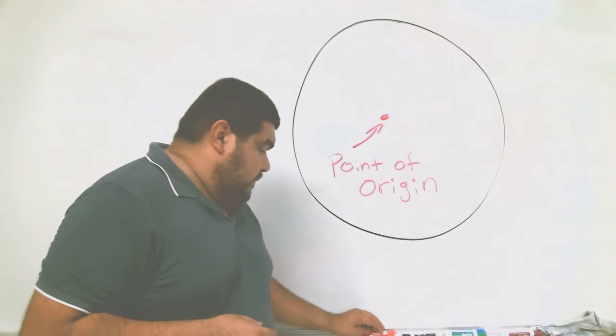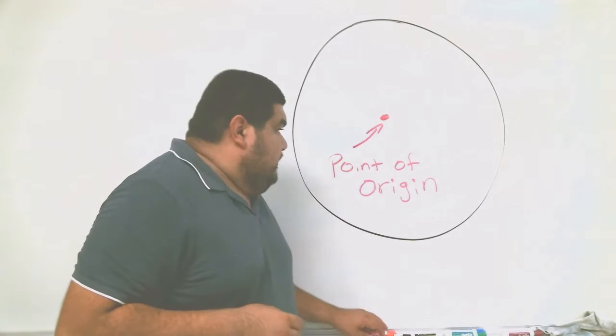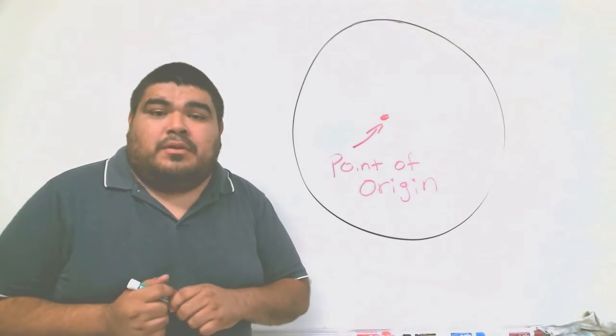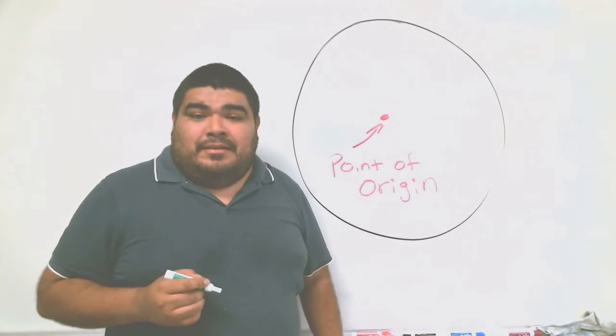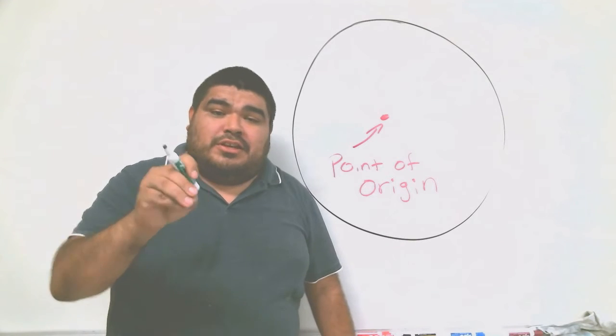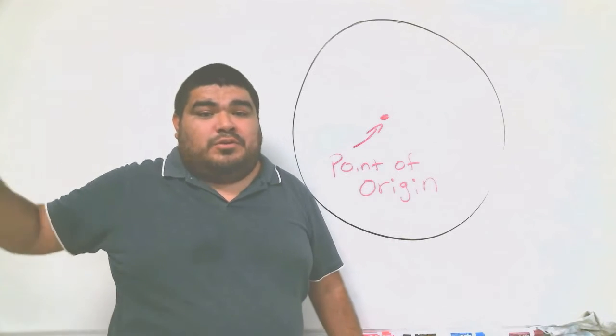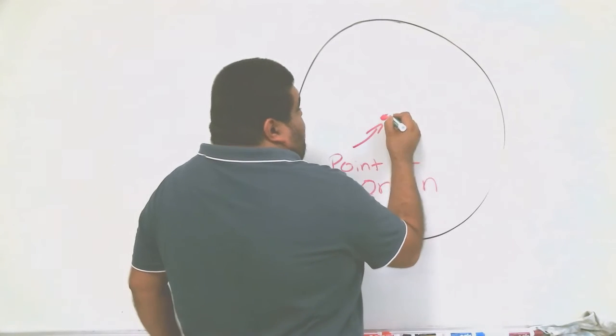Now, this circle also has a line that goes from the center, from the origin, out to the outer rim, to the outer side of the circle, which is called a radius.